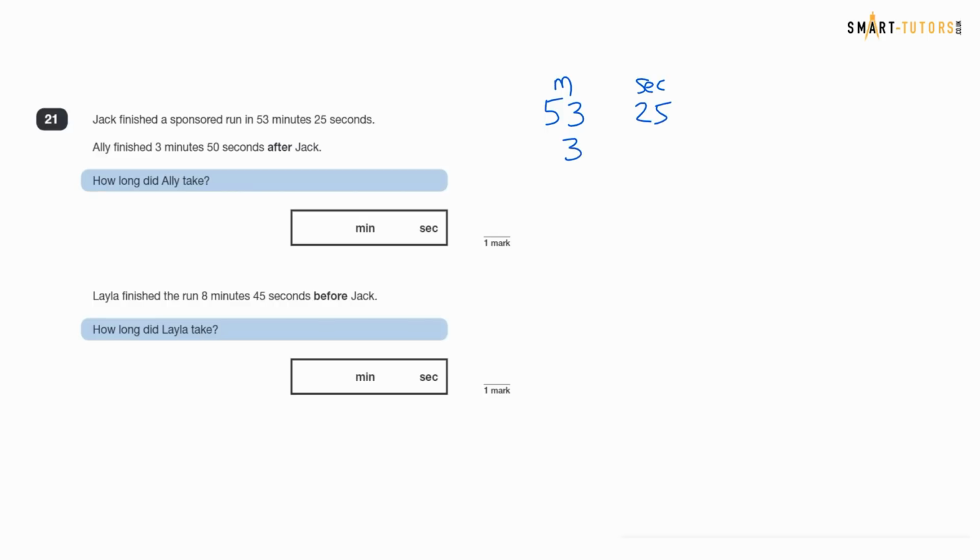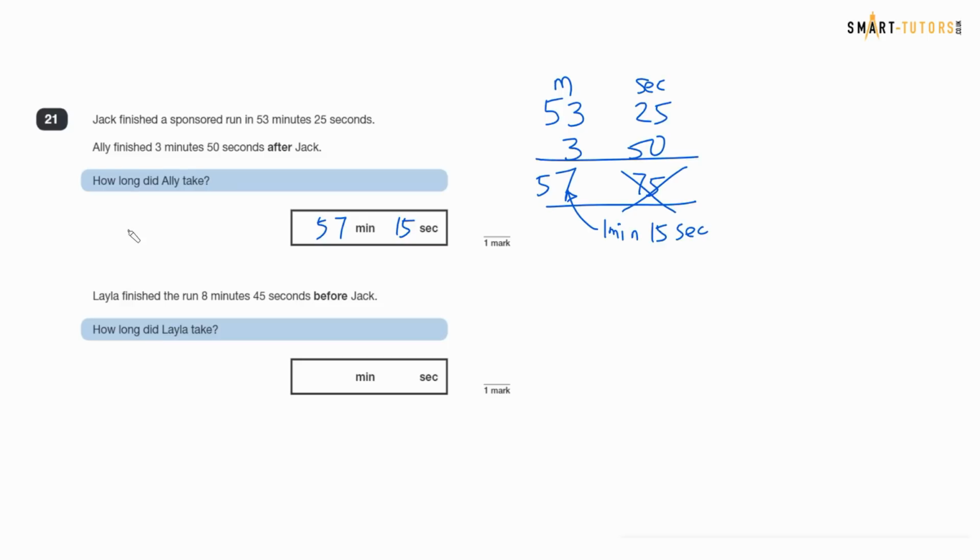So 50 seconds plus 25 seconds gives you 75 seconds, which is wrong because you can't have that. So that means 1 minute and 15 seconds. And so you have to do 1 plus 53 plus the 3, which gives you 57 minutes and 15 seconds.